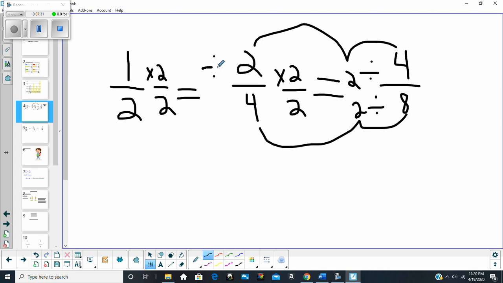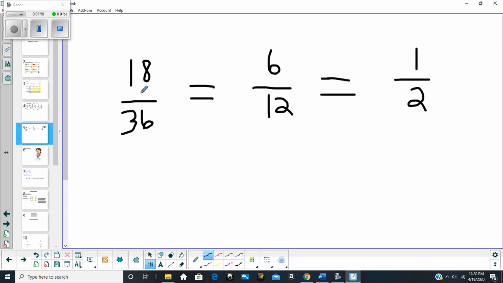And if we divide again by 2, 2 divided by 2 gives us 1. 4 divided by 2 gives us 2. So we can see that these fractions are equivalent. Okay, so here, let's look at dividing.